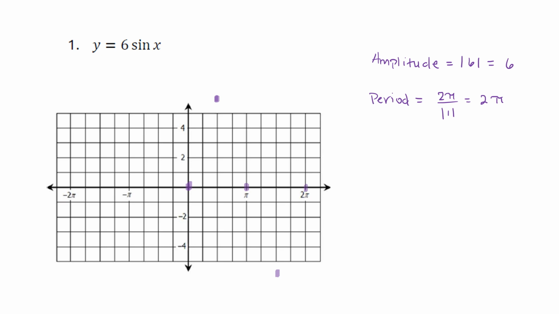All right, then we can connect the dots. Missed that one. There we go. All right, so that is one complete cycle.